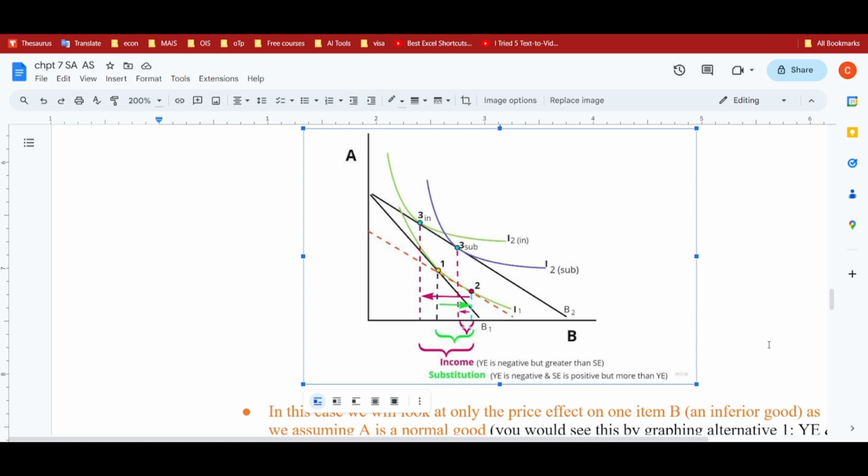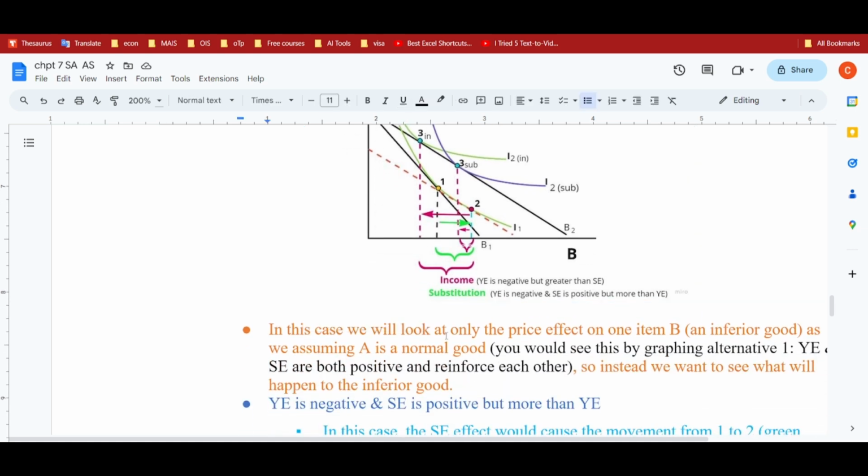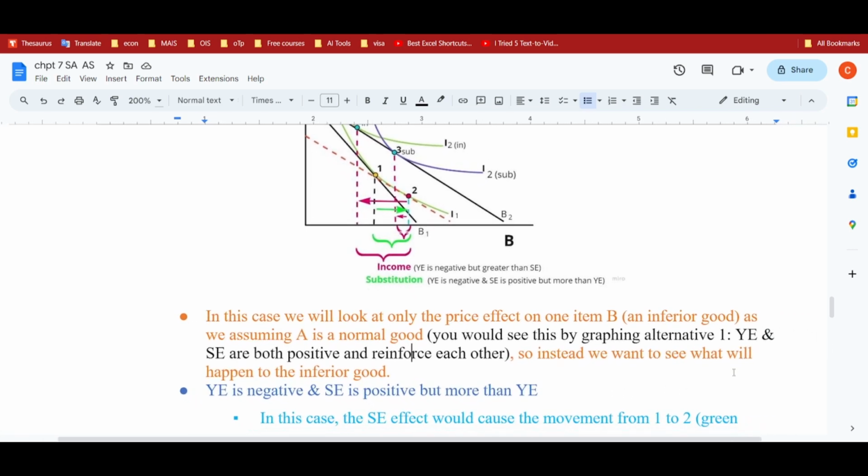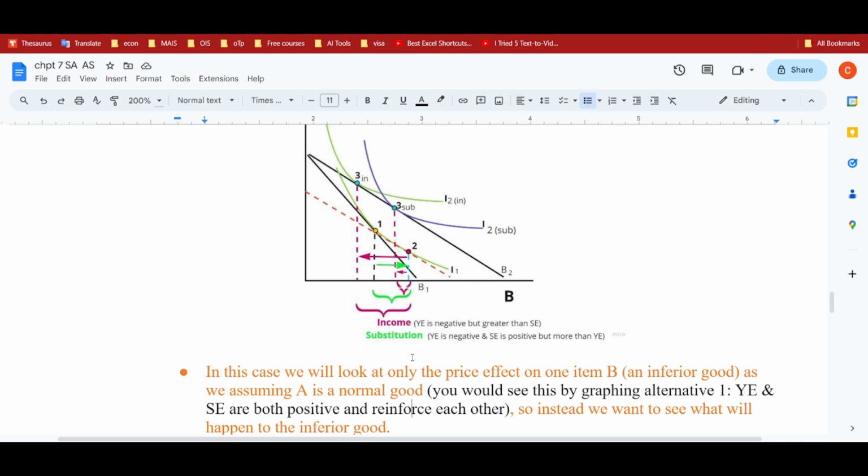So in this case, we look at only the price effect on one item, B, an inferior good, as we're assuming A is a normal good. You would see this by graphing alternative 1, which is where income and substitution effects are both positive and reinforce each other. So that's basically the purple line, right? We see both purple lines moving in the same direction.